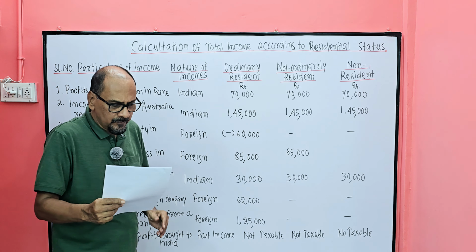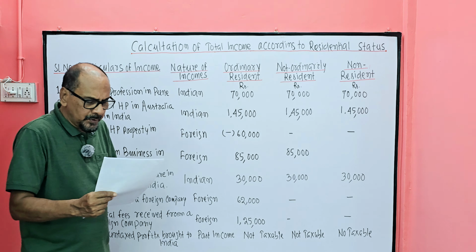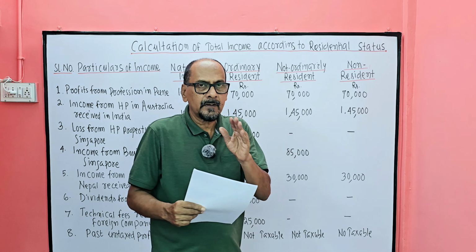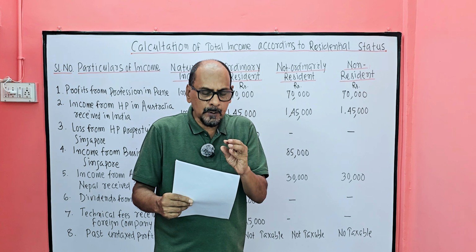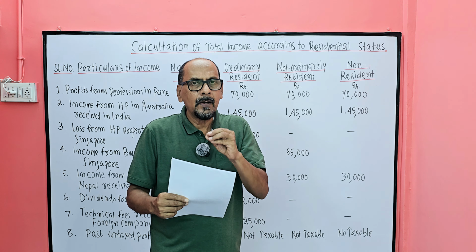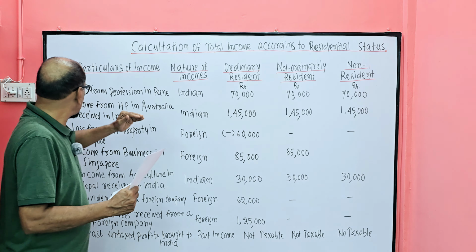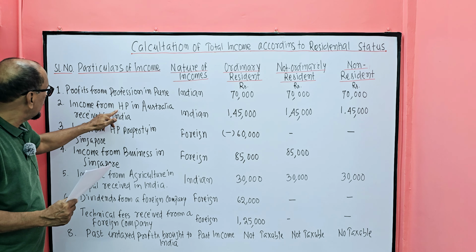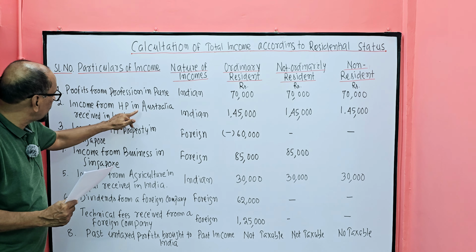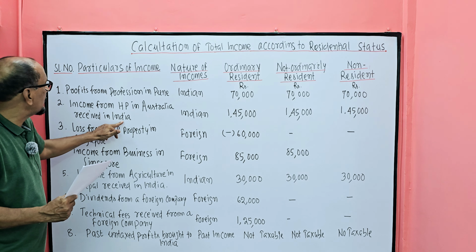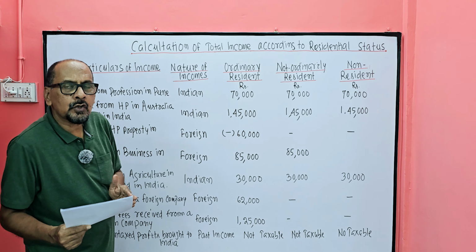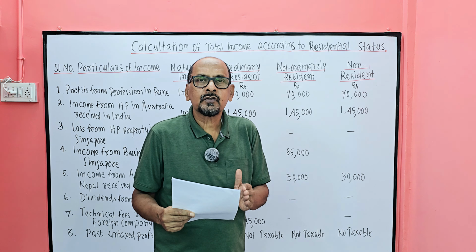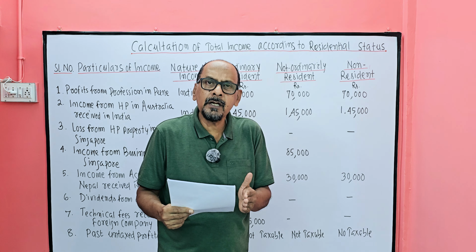The second one, income from a house property in Australia, received in India. Let us come to the second income, that is income from house property in Australia, received in India. So here the income has been received in India, so the nature of income is Indian income.